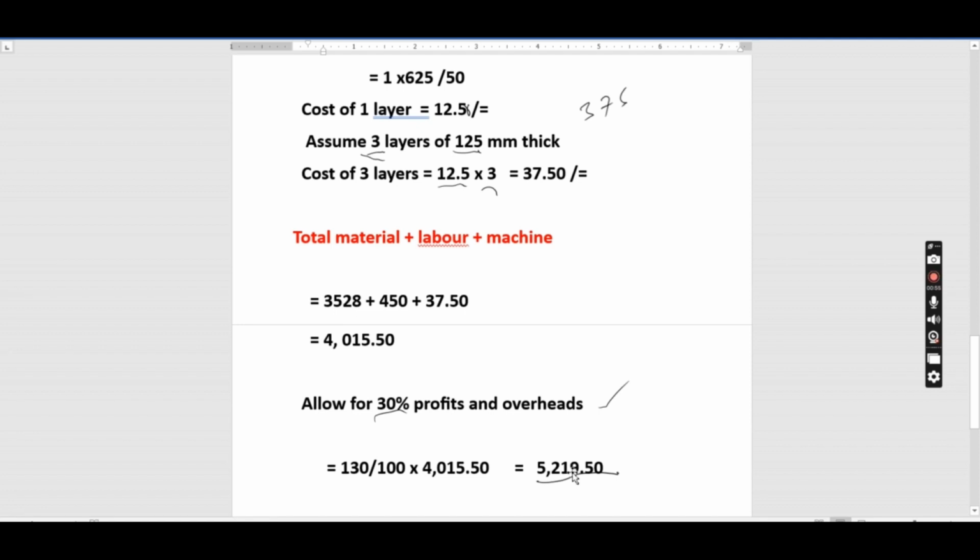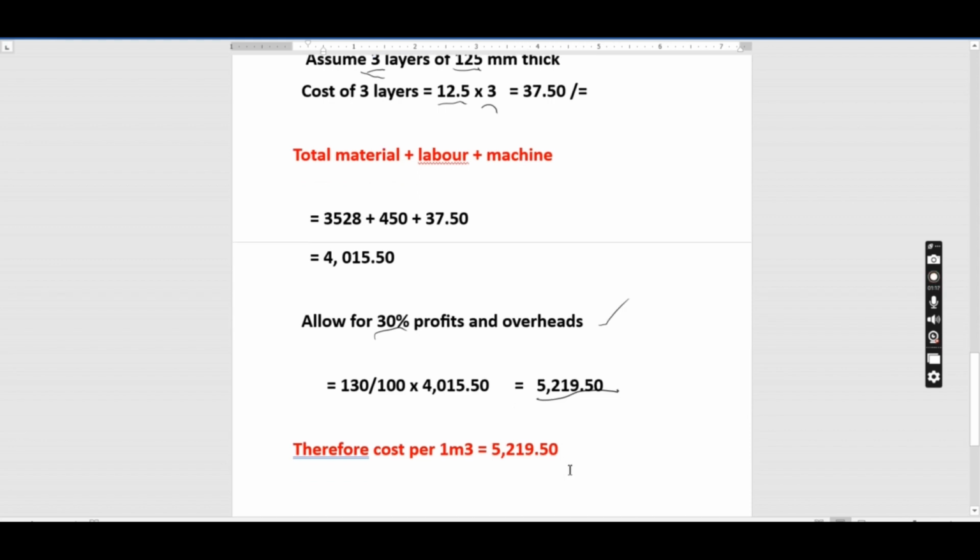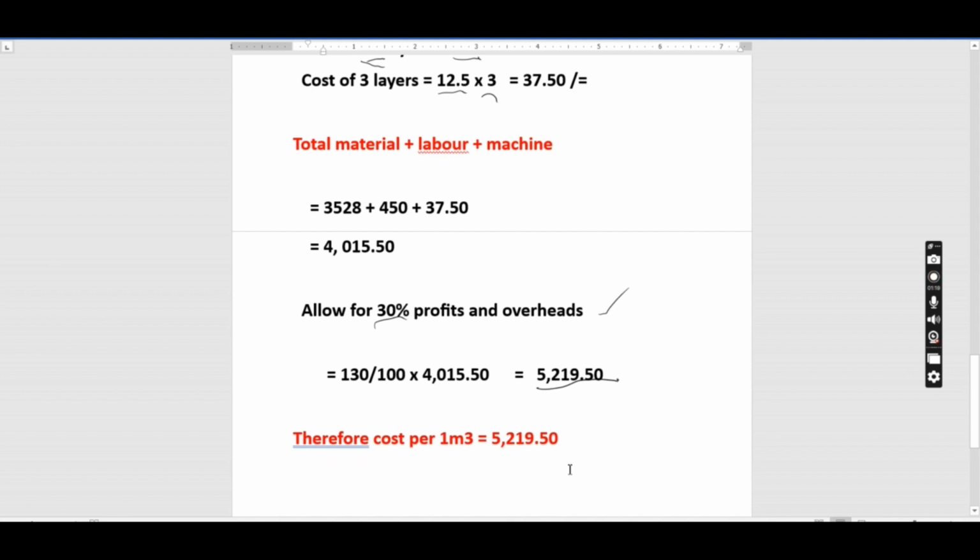5,219.50 shillings. Now this is the cost of that article. 375 millimeter thick article, cost per meter cubic, that is 5,219.50. Now in some areas you might need to find the cost in 1 meter square.